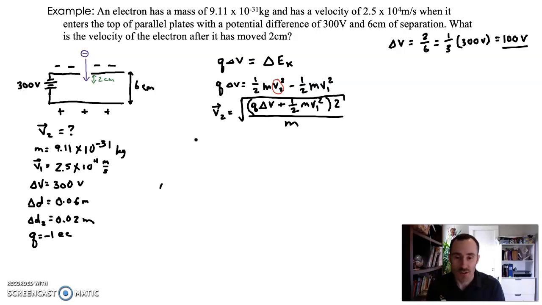So velocity 2, I'm going to put a bunch of numbers in here and see if I can fit this in.